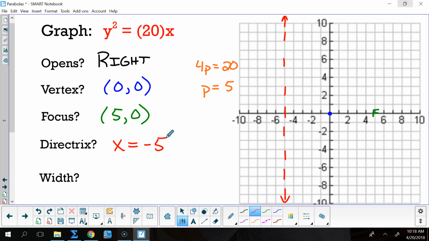Agree? Okay. What is the width of my parabola through the focus? It's 20. So that means that I'm going to go 10 up and 10 down. That now allows me to draw in my parabola.